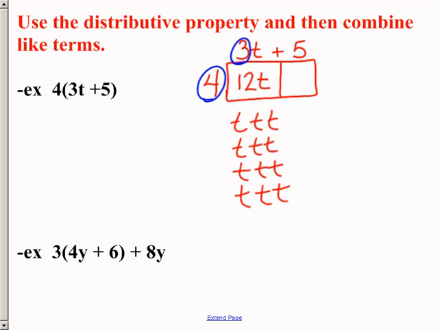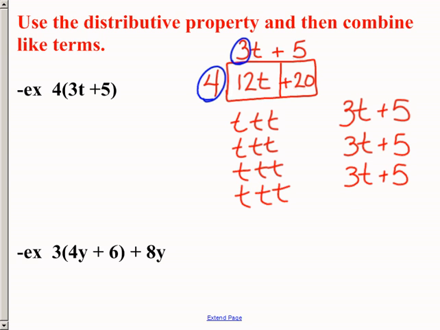So I get 12t plus, don't forget, I also need to do the 4 times 5, which is going to give me 20. So 12t plus 20. Another way to look at that is I'm doing 3t plus 5, 3t plus 5, 3t plus 5, and another 3t plus 5.